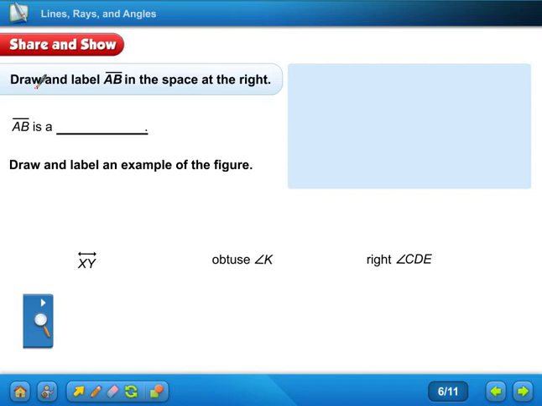All right, for this one, it says, do you remember what this means right here? What is that called? AB, is that a point? Is it a line? Is it a line segment, or is it a ray?